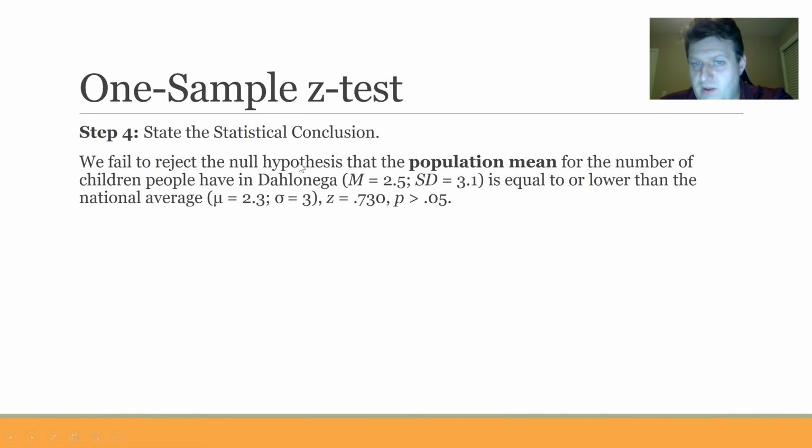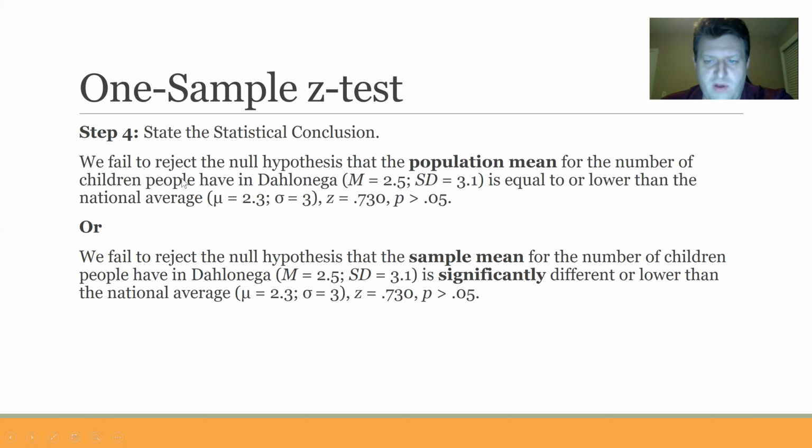Now we're going to explain the null hypothesis, that the population mean for the number of children people have in Dahlonega is equal to or lower than the national average. And then we have our descriptive statistics, we have our Z value, and p we know has to be greater than 0.05. If p was less than 0.05, we would have rejected the null hypothesis, but we retained it, so p has to be greater than 0.05.